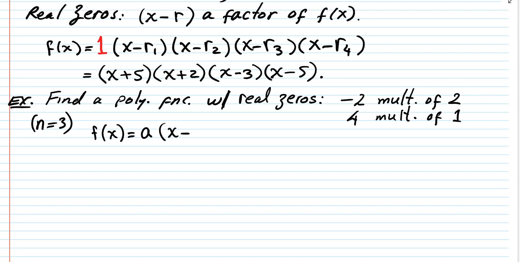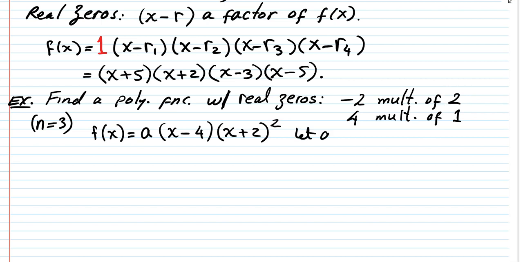X minus r, well, x minus 4, multiplicity of 1, so that's just one factor. And x minus -2, the other 0, which makes x plus 2. Except this is now a 0 with multiplicity of 2, so I'm going to put 2 on that factor as an exponent. You see that?